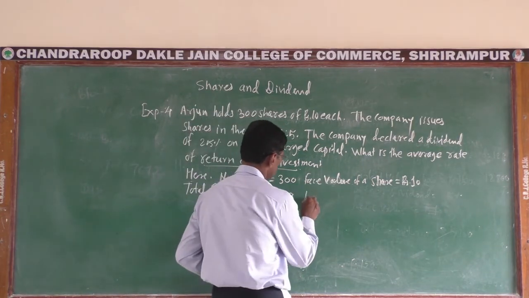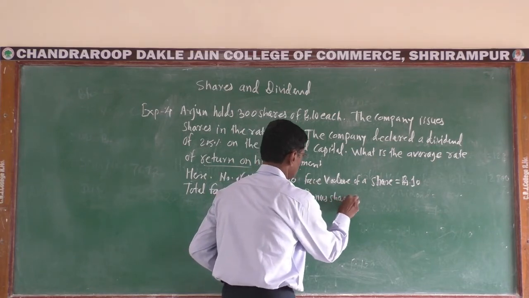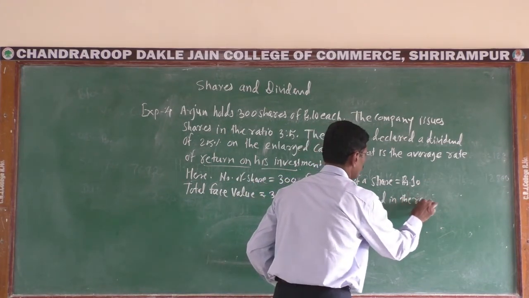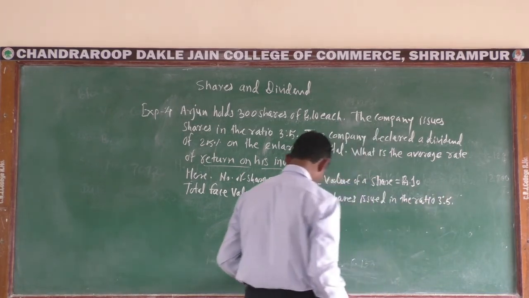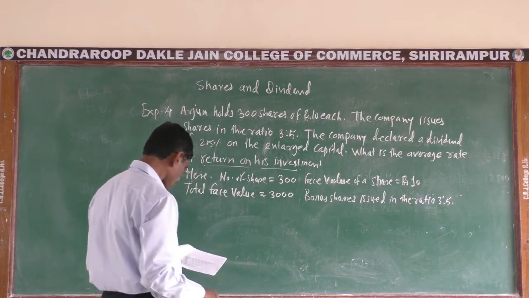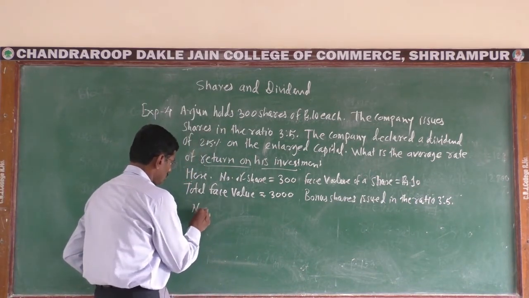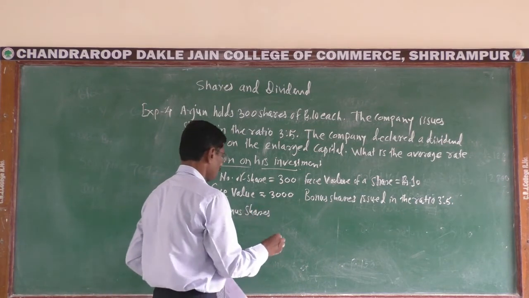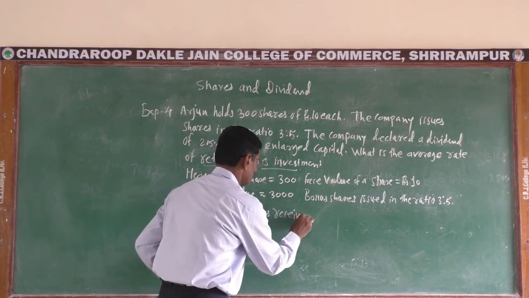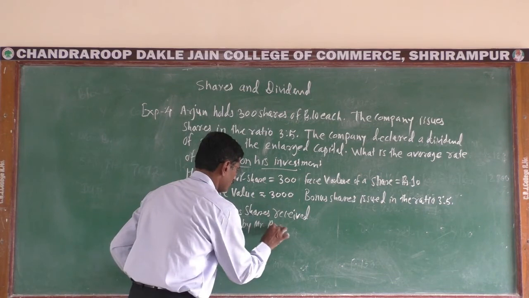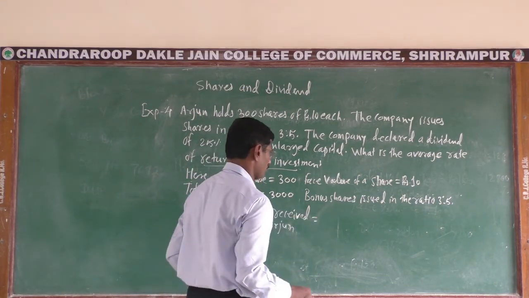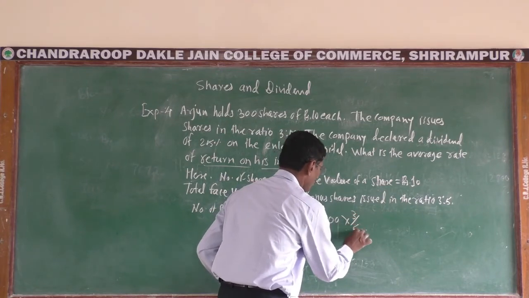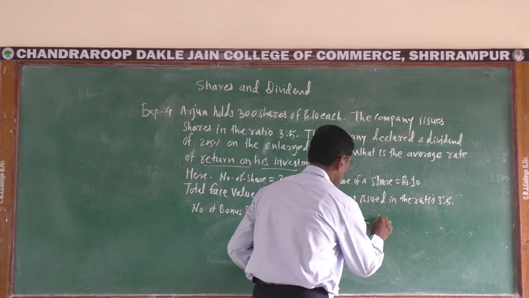Bonus shares issued in the ratio 3:5. Number of bonus shares received by Mr. Arjun is equal to 300 into 3/5, that is 180 shares.